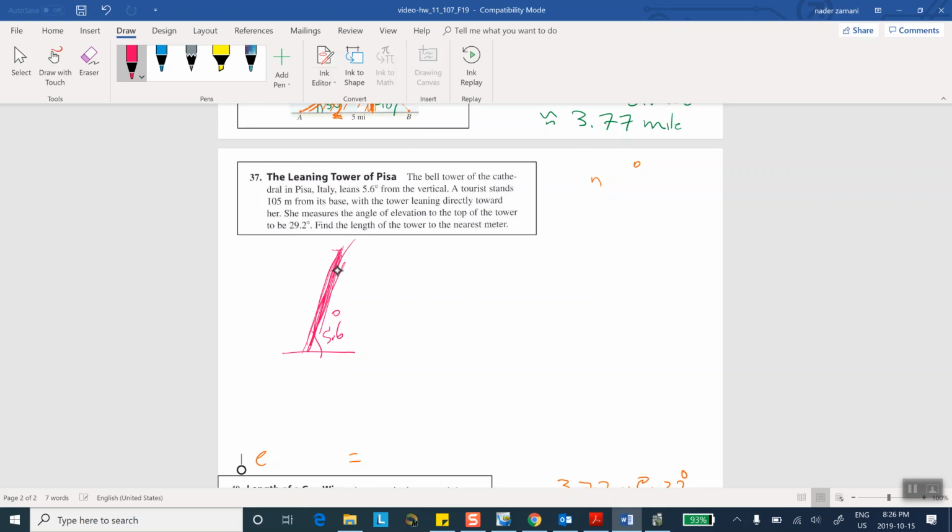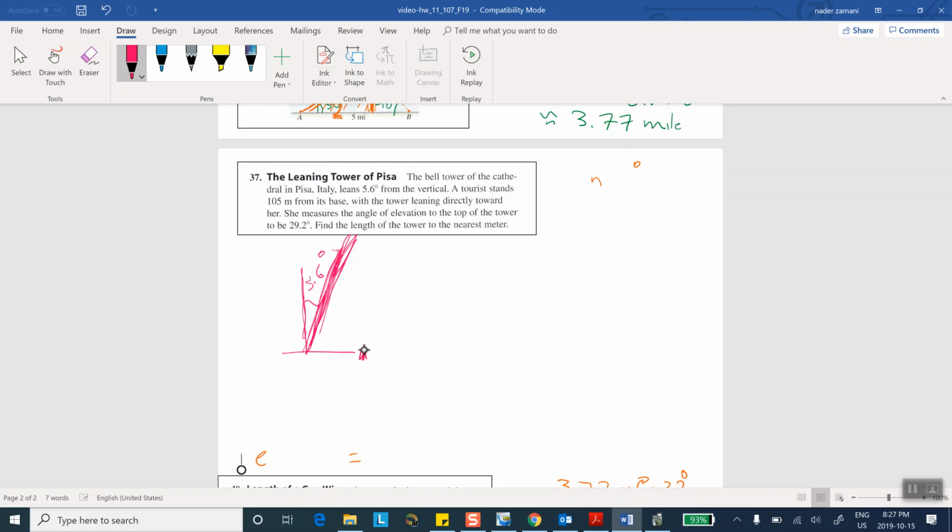It says from the vertical. Oh my God, if this was 5.66, the tower would be on the ground. So this is 5.6, not this one. Terrible. All right, what do we got here? A tourist stands 105 meters from its base.